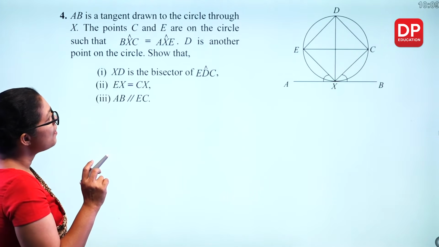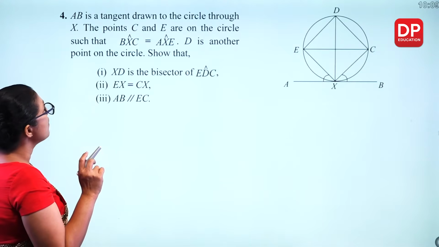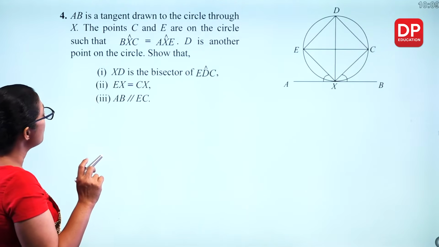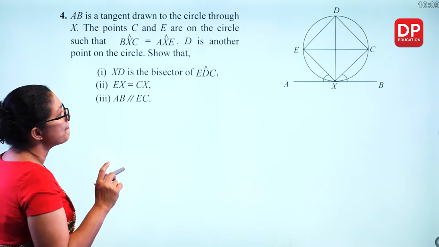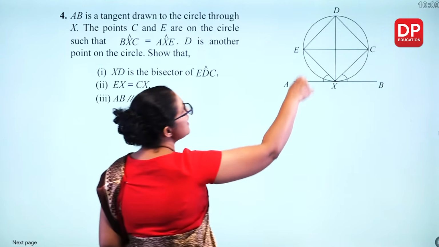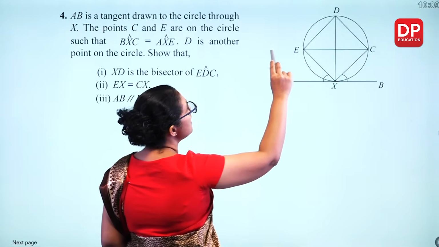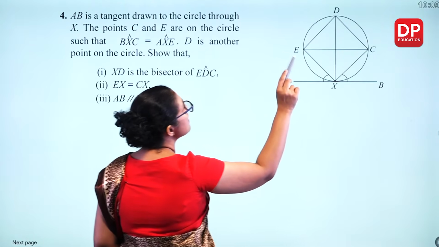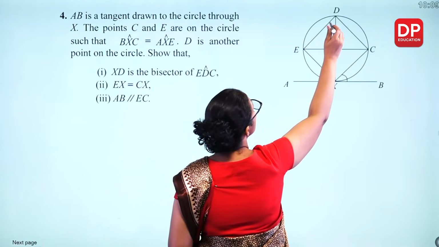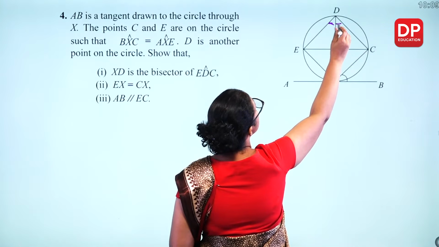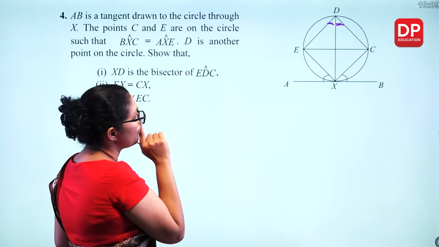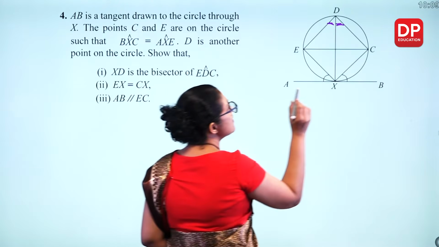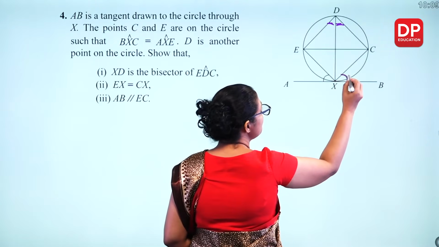D is another point on the circle. Show that XD is the bisector of EDC. So that means we have to show that these two angles are equal. So we'll see whether it's true.